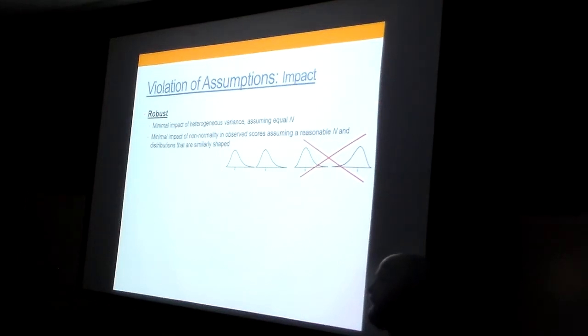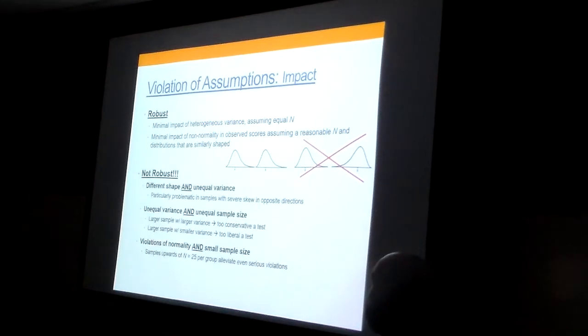If I've got a reasonably sized sample and my distributions are skewed, but they're both skewed in the same direction, I'm doing pretty good, right? But if they're skewed in different directions, if sample A has a huge positive skew and sample B has a huge negative skew, we need to start to become worried about that, right? So our screening should detect that something's problematic, okay?